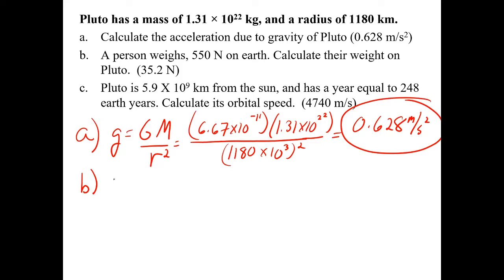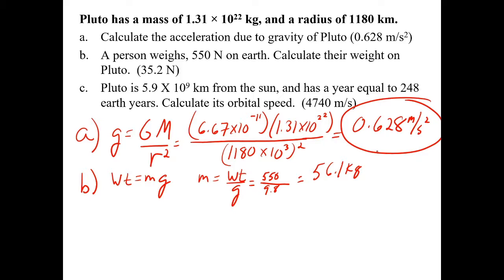Now the person weighs 550 newtons on Earth. So we're going to need to calculate their mass. Weight over gravity. Just like we did in the previous video. And I don't know what that's going to work out to. 56 kilograms, 56.1.